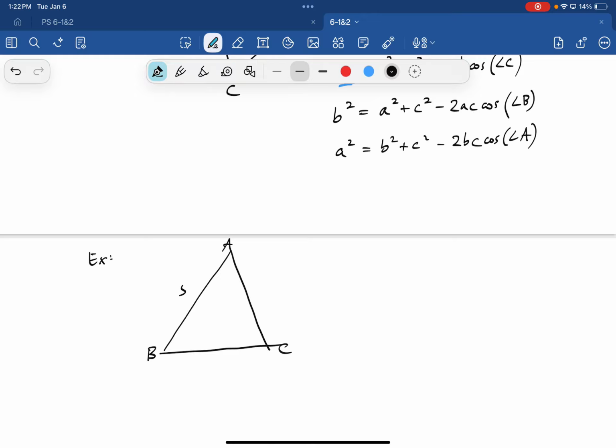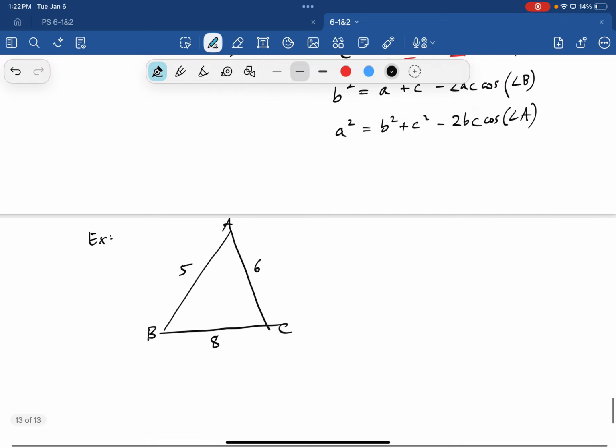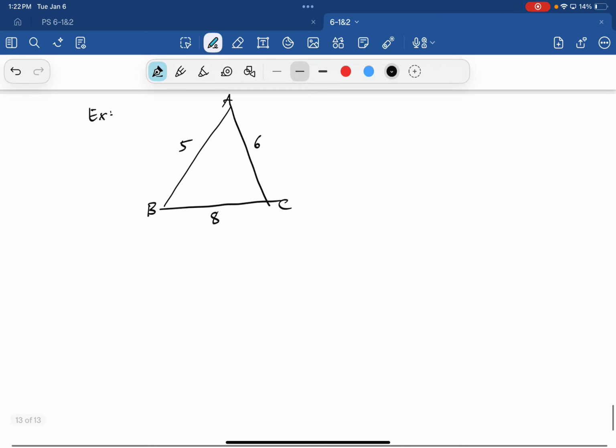All right, let's say this is 5, and this is 6, and this is 8. All right, so let's start by trying to find angle A. And since I'm rather lazy, I'm not going to do the other angles, but you should be able to do those. Let's say I'm trying to do angle A.